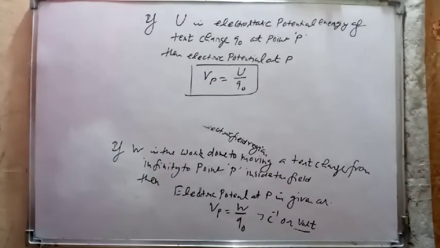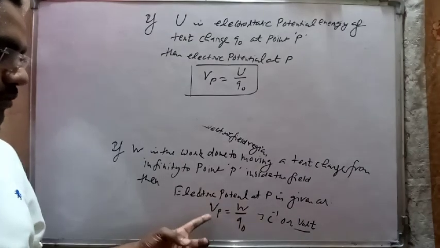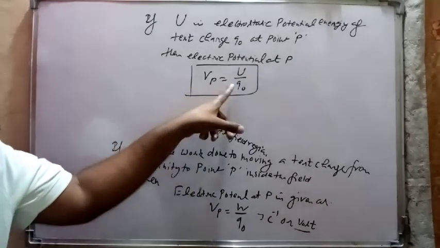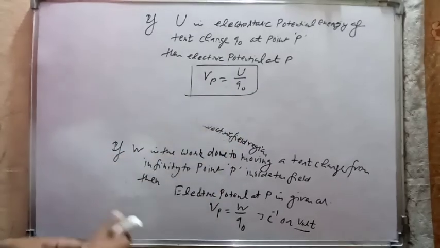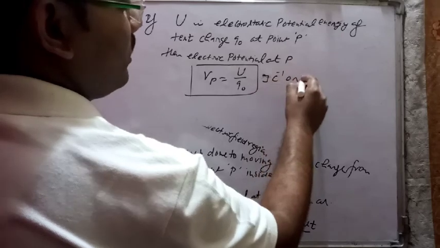That means there are two expressions. In terms of work, potential is equal to work upon test charge, and in terms of potential energy, potential is potential energy divided by test charge. Unit is joule per coulomb or volt.